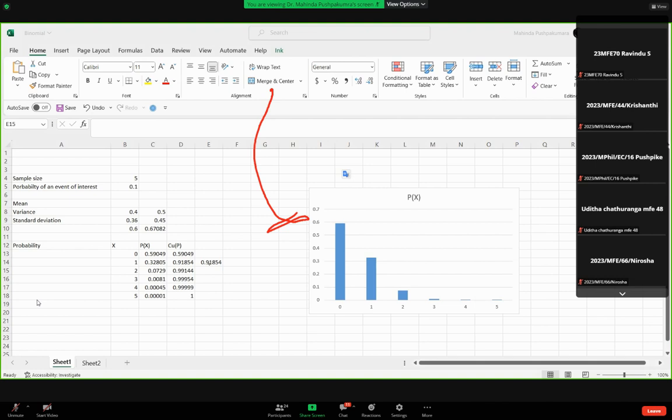The cumulative probabilities. My computer was stuck, I think.